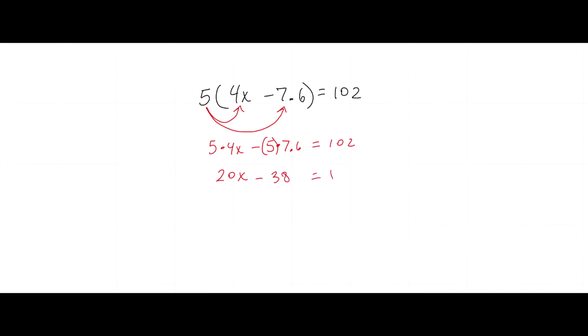Bring down the 102. Now we have a two-step equation here. The first step will be to cancel out this number, negative 38.